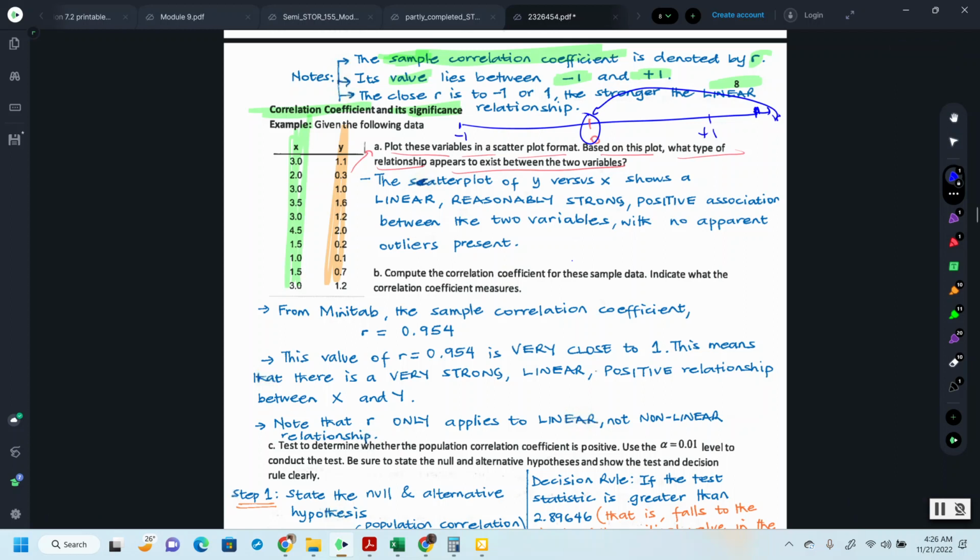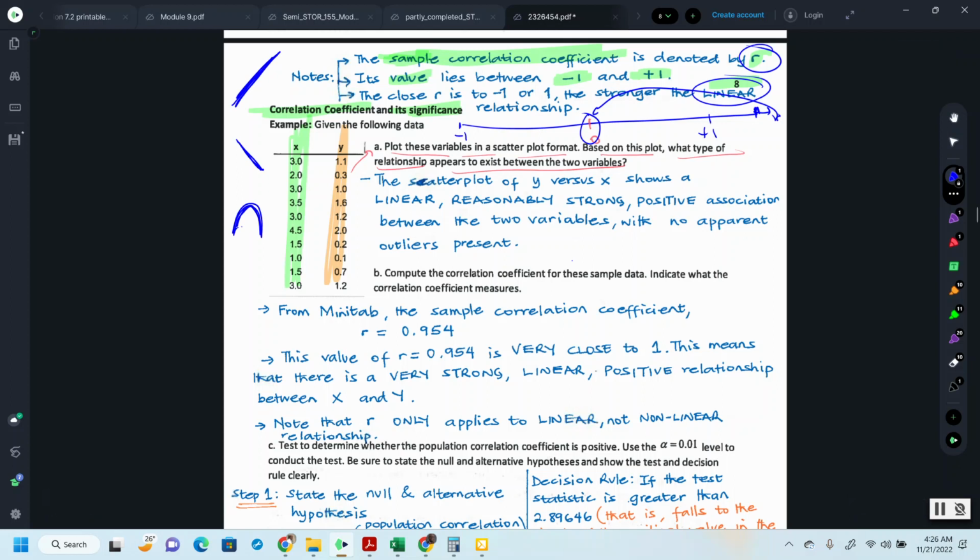If r is equal to 0, it means that we do not have a linear relationship between x and y. I'll say that one more time. You see, r here only measures linear relationships. That is, when the form of the relationship is either positive or negative linear. But it does not measure the strength of relationship in curvilinear relationships.